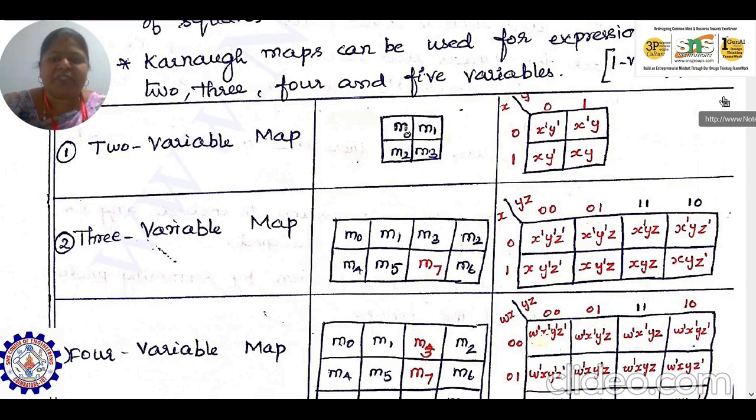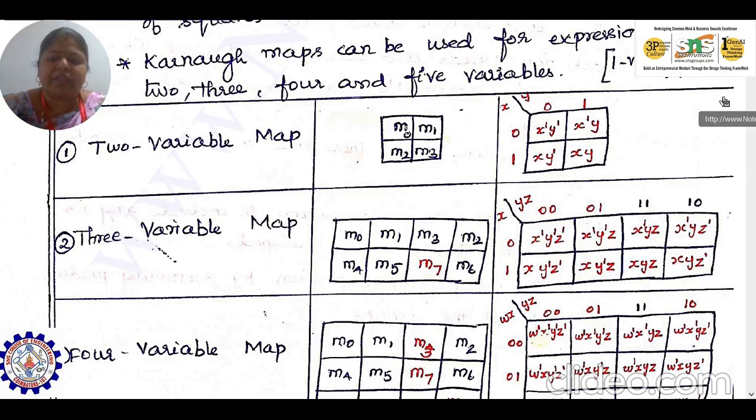As we see to the right side, here is the K-map diagram for pictorial representation, which has been derived from the truth table for the 2 variable K-map. Here x and y are the variables, and the K-map for x and y has been plotted. For x we use logic 0 and logic 1, and for y we use logic 0 and logic 1.